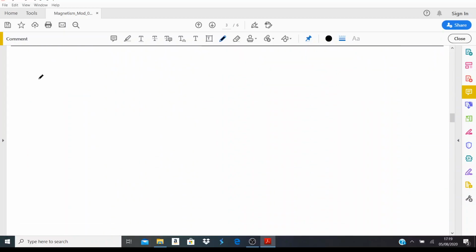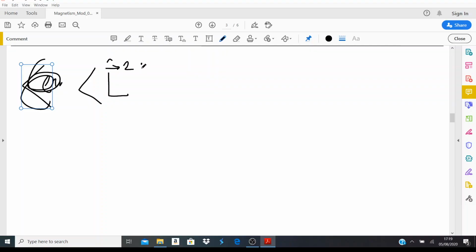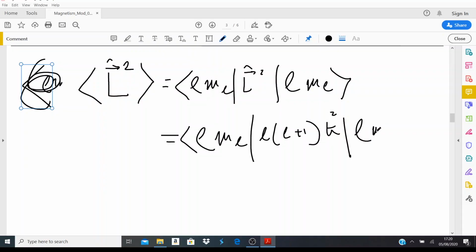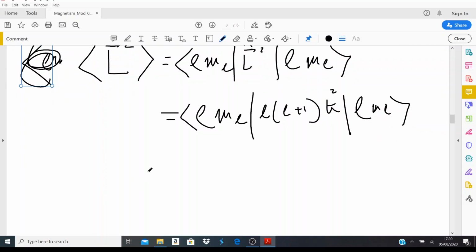With this, now let me find the expectation value of the L² operator. So what is the state here? The state is |l, m_l⟩, and you know what L² gives when it operates on |l, m_l⟩. Let me write that first: l times (l plus 1) ħ² times the same state. So that's just a number.